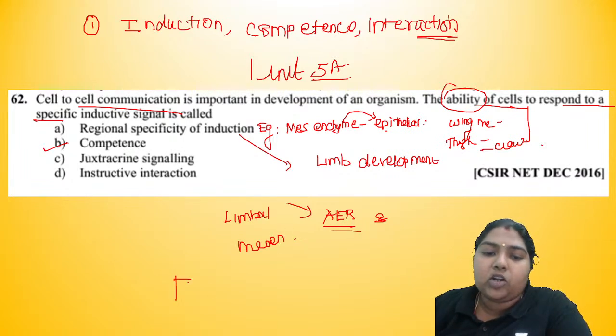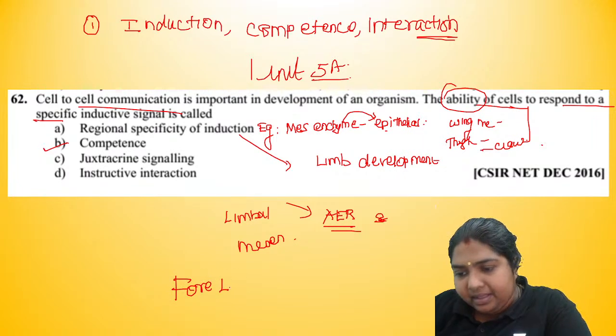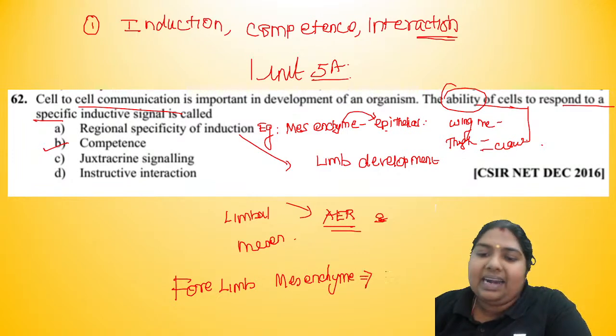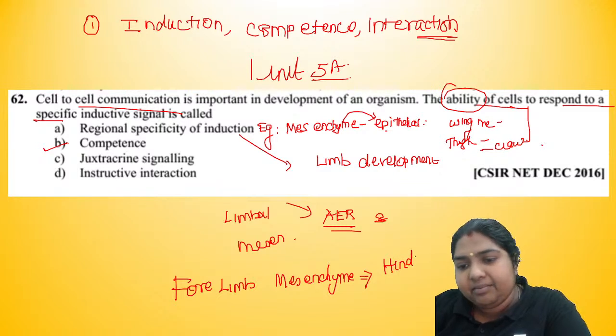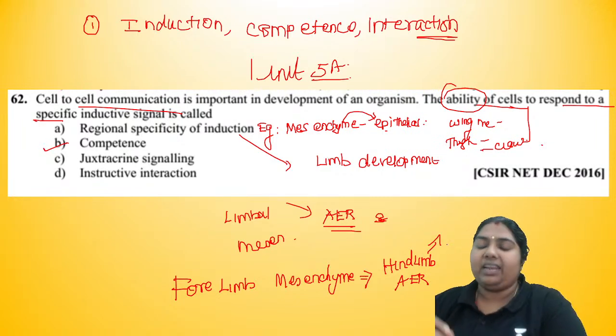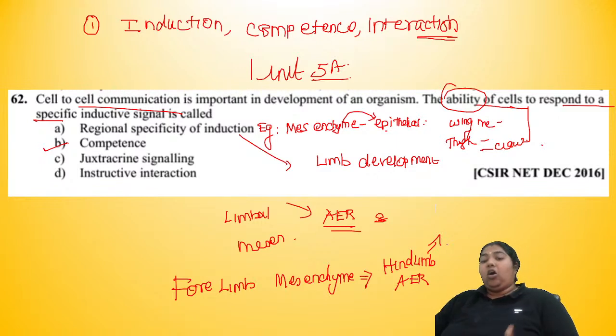So if I put my forelimb mesenchyme under the hind limb AER, what will develop? Will it develop into a wing or a leg?